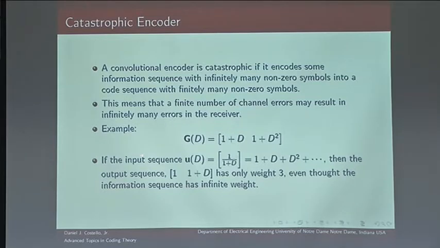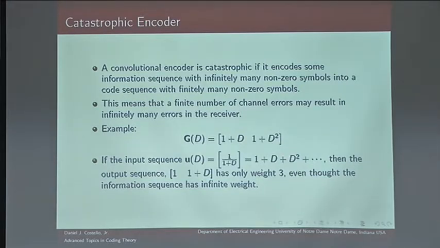Actually, what causes a problem like this is a common factor, at least for rate 1 over n encoders. If you have a common factor in g of d, then you divide by that common factor and you get a finite weight sequence, but the input sequence divided by that common factor would have infinite weight.